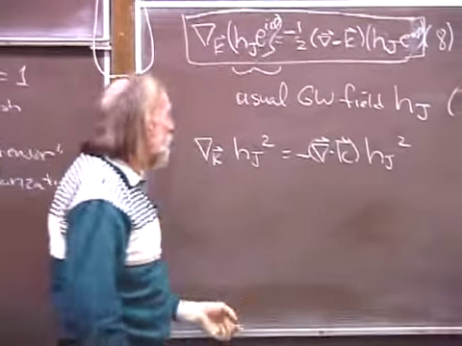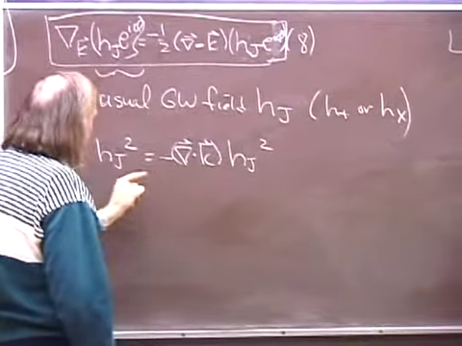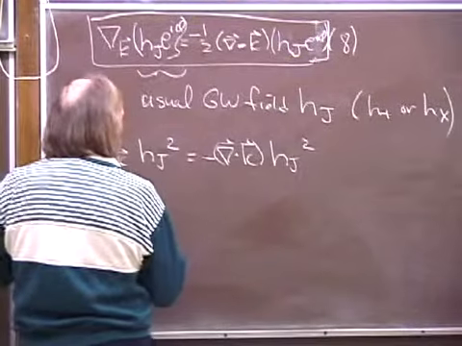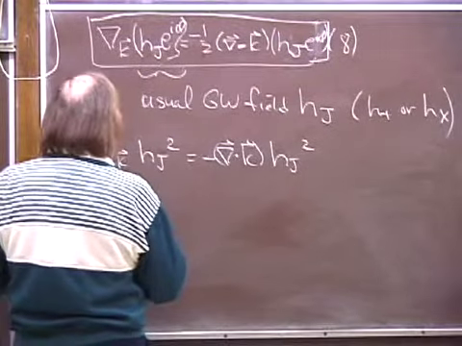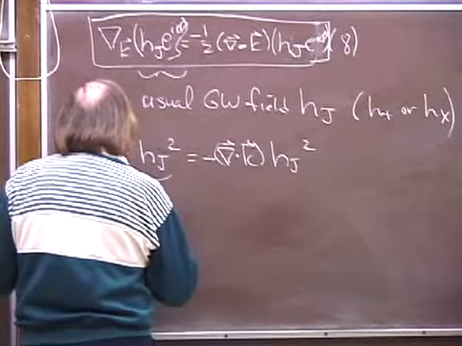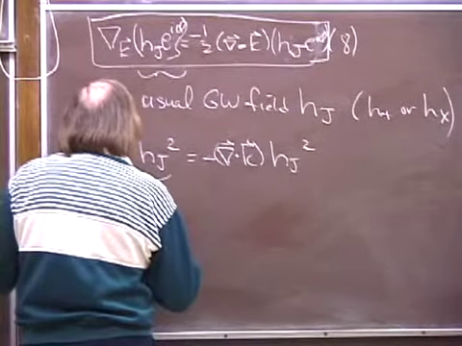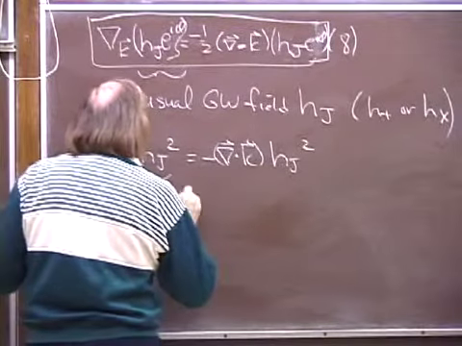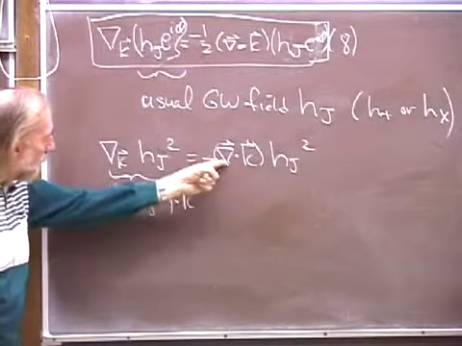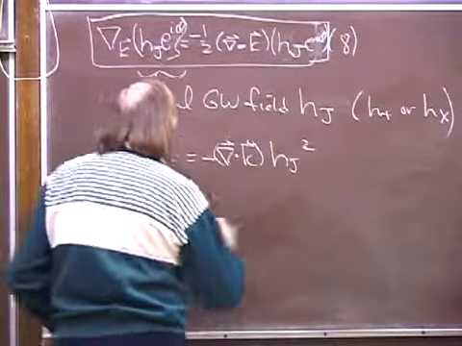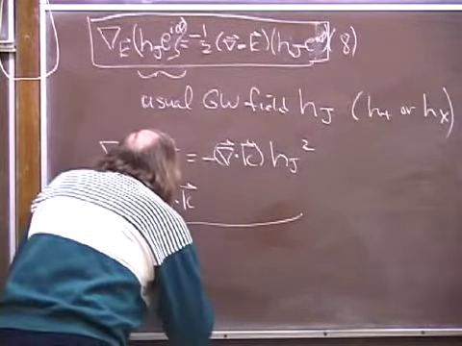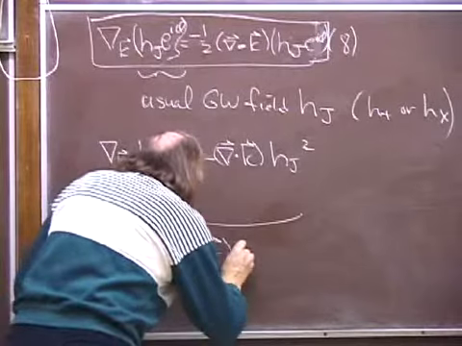Okay. But now I can pull this to the left-hand side and rewrite that as the gradient of h_J squared dotted into k. And so if I just pull the right-hand side to the left-hand side and combine terms, I wind up with the divergence of h_J squared times k is equal to 0.